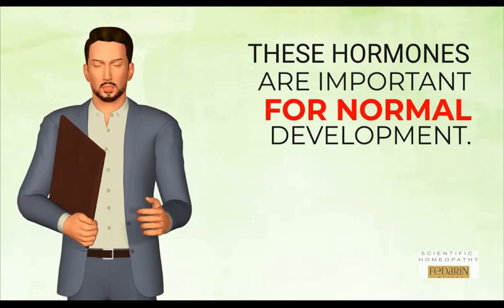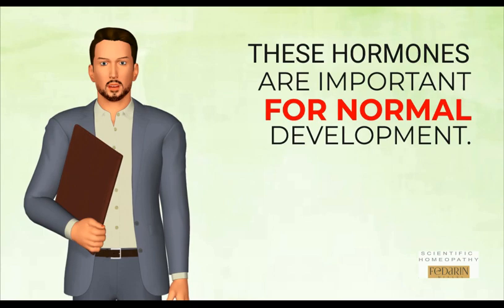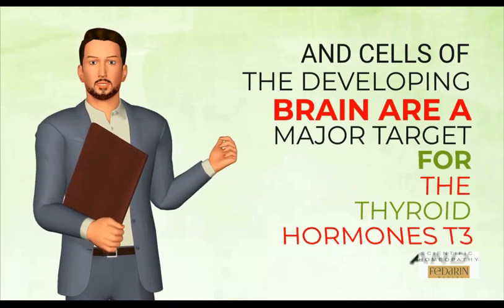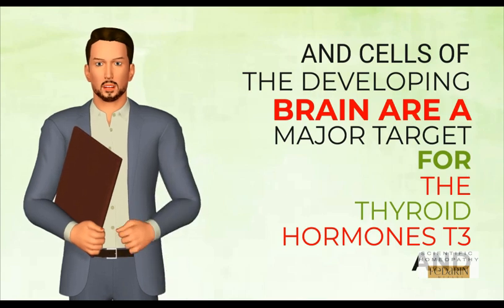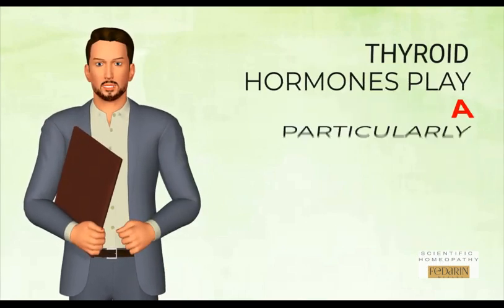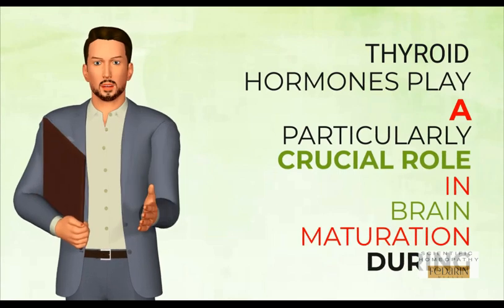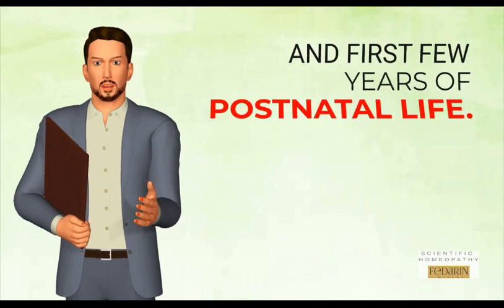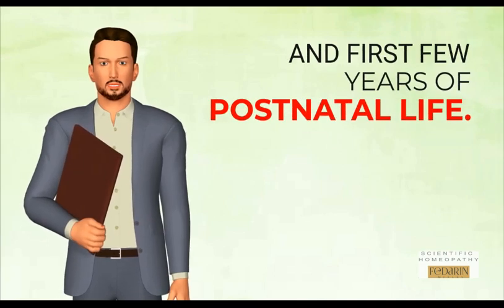These hormones are important for normal development. They increase the growth rate of young people, and cells of the developing brain are a major target for the thyroid hormones T3 and T4. Thyroid hormones play a particularly crucial role in brain maturation during fetal development and first few years of postnatal life.